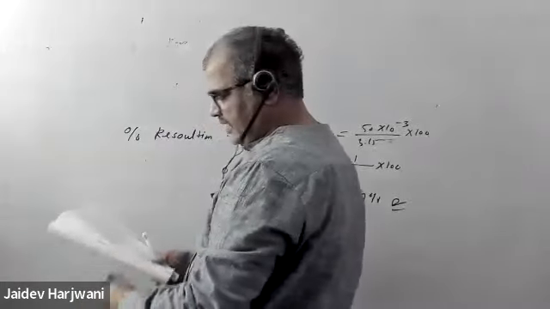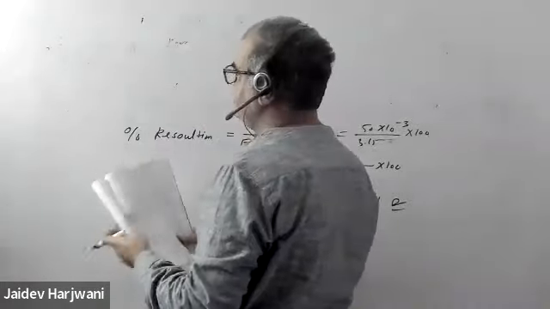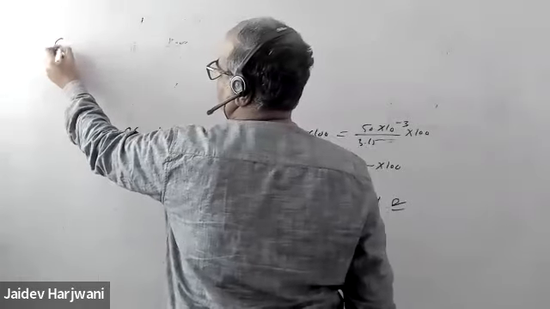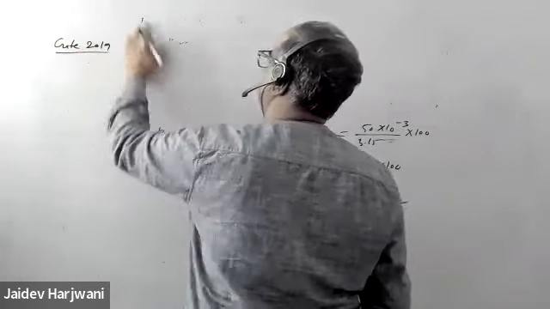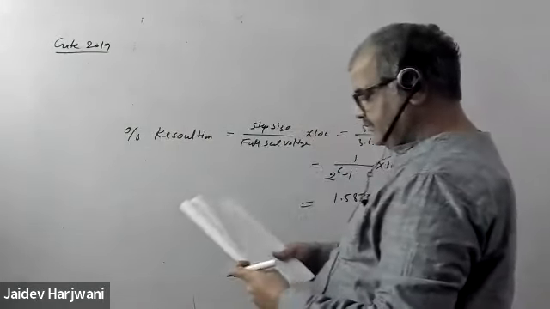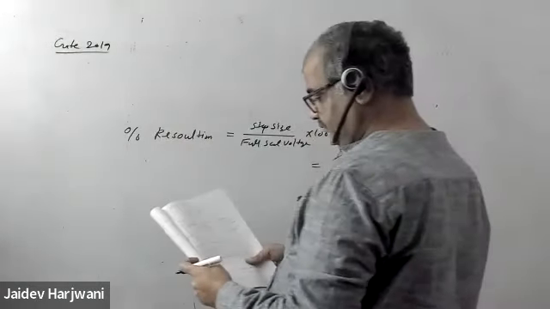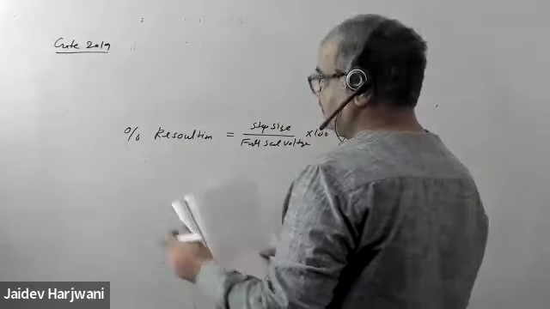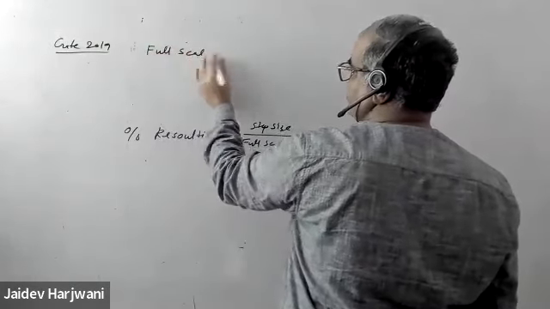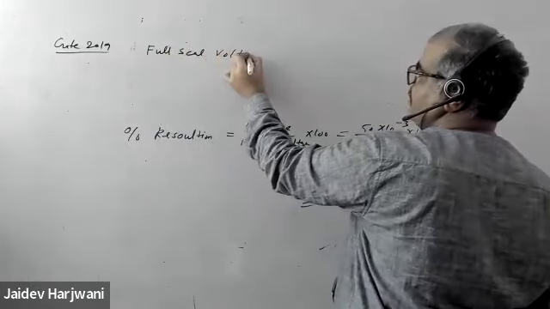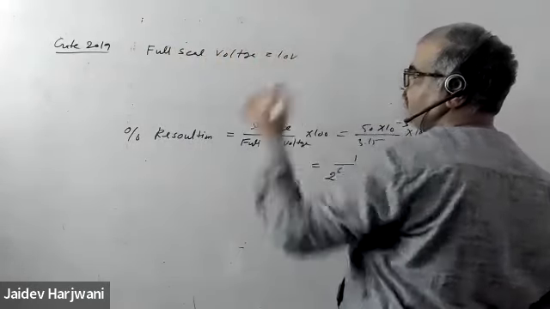Now one problem came in GATE 2019. They are asking, the full scale voltage is given as 10 volt. Okay.